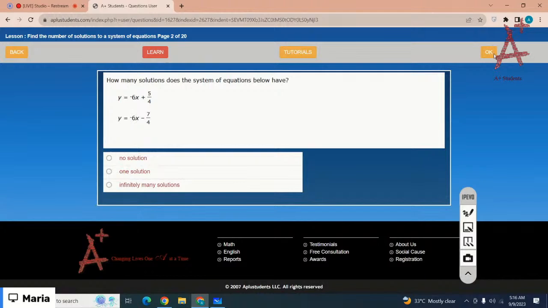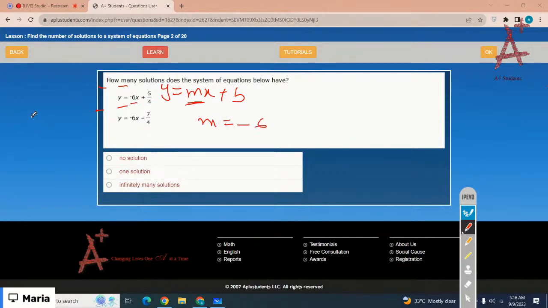How many solutions does the system of equations below have? So which is the correct option? Just compare both the equations to y equals mx plus b, right? You can see the slope of both the equations is minus 6.